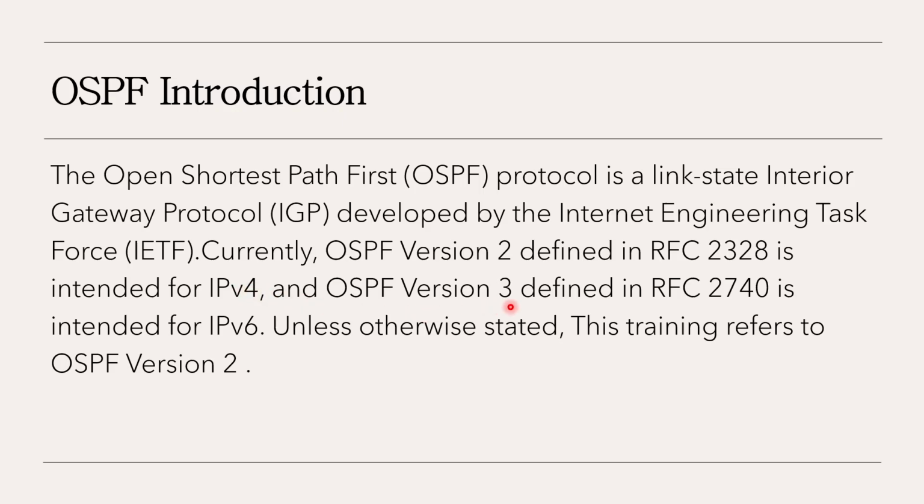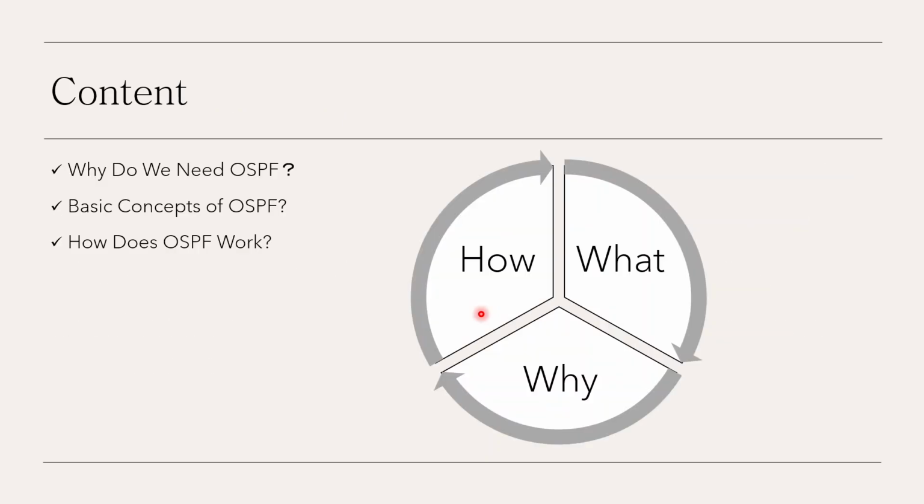OSPF version 3 is currently being deployed all over the world, in most of the major enterprises, major data centers, and major carrier networks, and it is defined in RFC 2740 and was intended for IPv6. Unless otherwise stated, in this series of trainings we will discuss OSPF version 2.